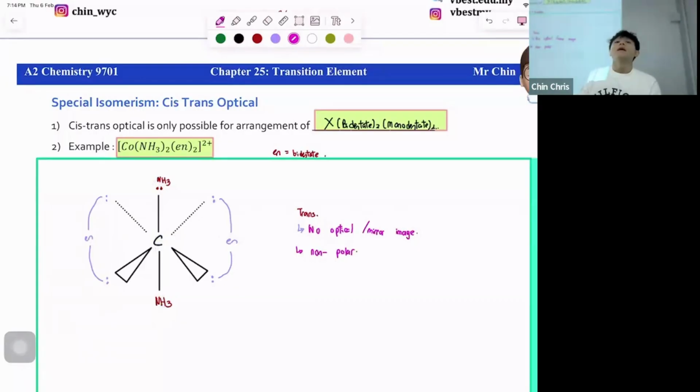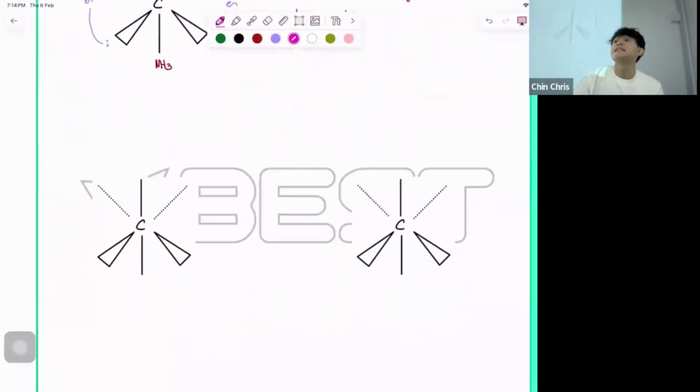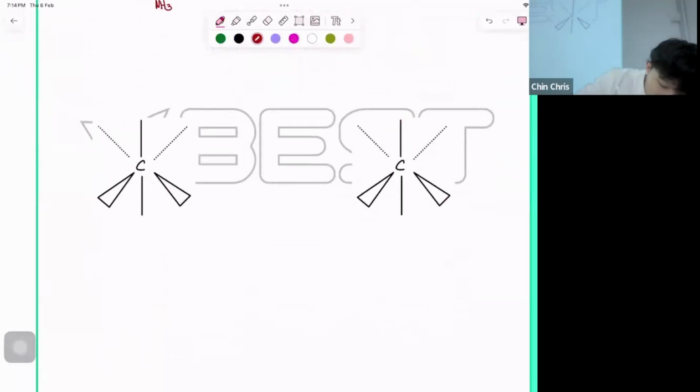Okay, guys. Now, what I want you to do is to give me a cis. The same thing, I'm going to start with NH3 here. Complete everything. Give me a cis now. Alright, guys, I'll draw it here. Do you see it's 90 degrees apart?